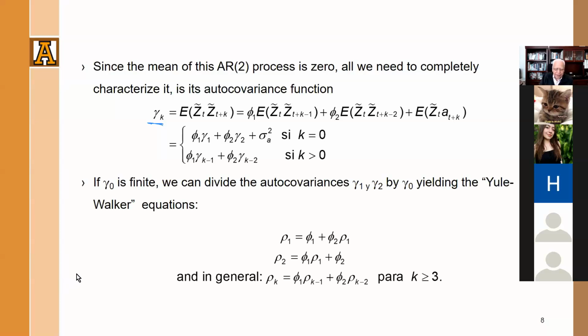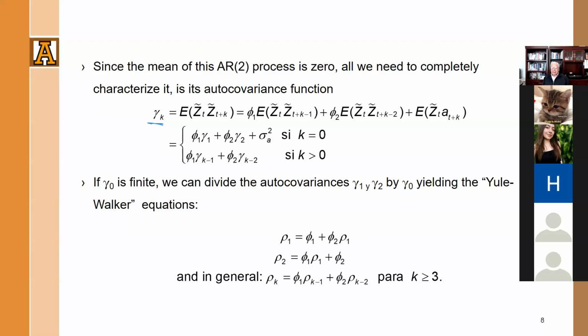Now, if gamma null, that is the variance, is finite, and it will be finite as long as the conditions on the determinants hold, we can divide the autocovariances by gamma null to obtain the autocorrelations.